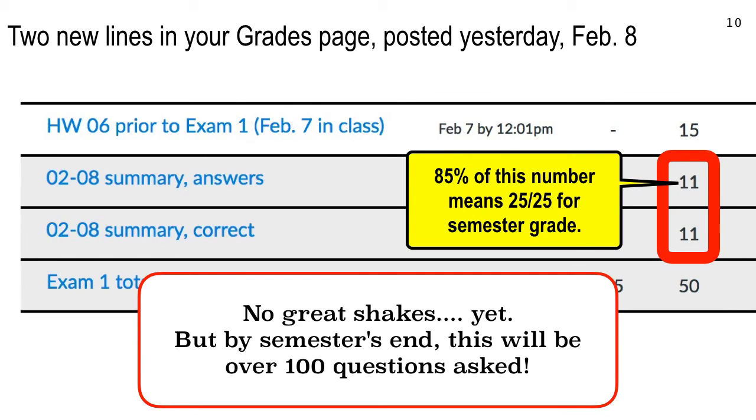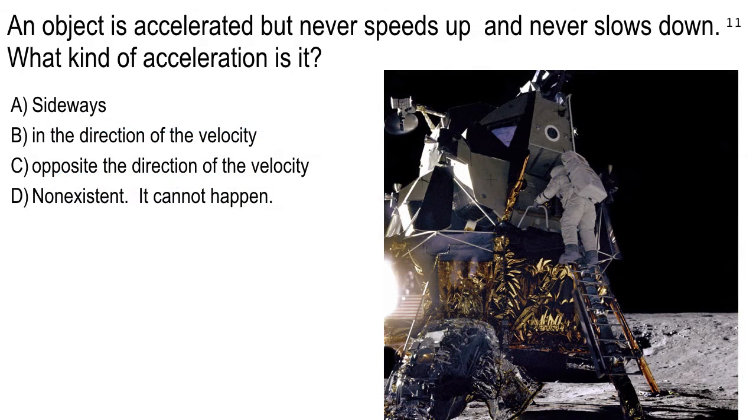Okay, let's keep going. Take out your clicker, and let's answer a clicker question. Is it multiple choice? It is. Okay, turn on your clicker. And here's your question. It's multiple choice, and it's kind of a brain burner. I want you to really think about this. An object is accelerated, but it never speeds up and it never slows down. What kind of acceleration is it?